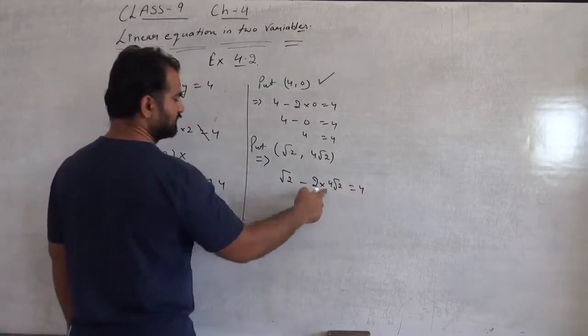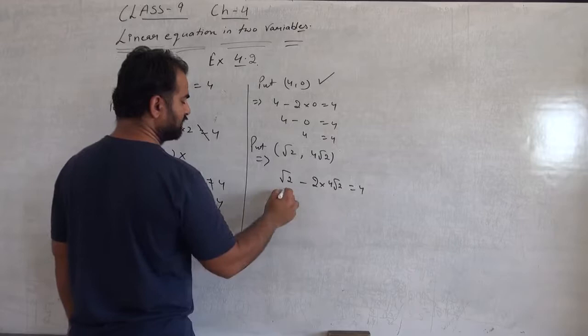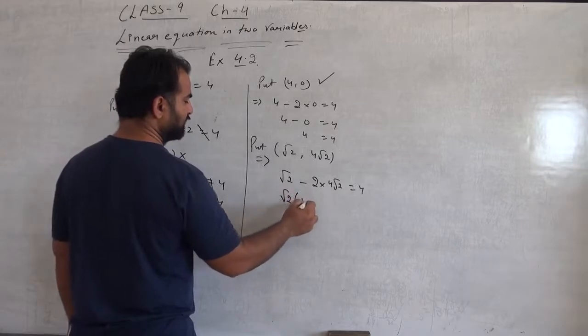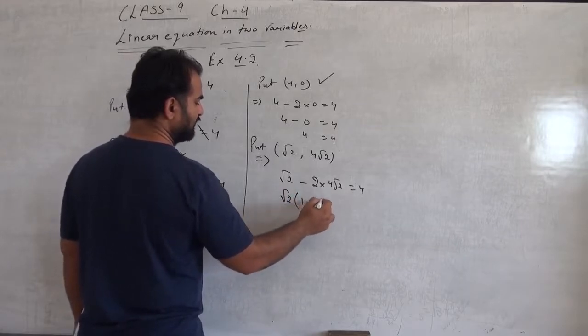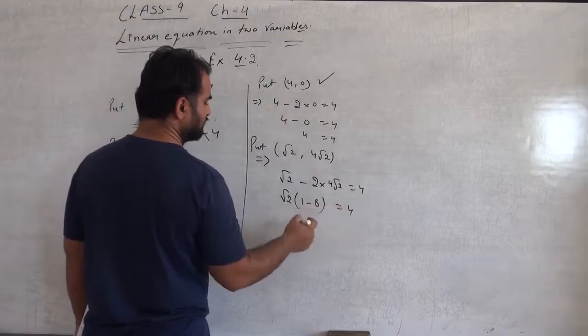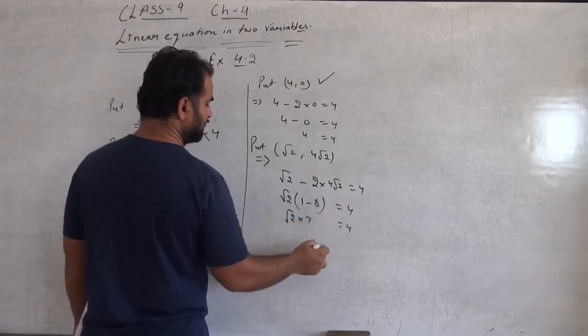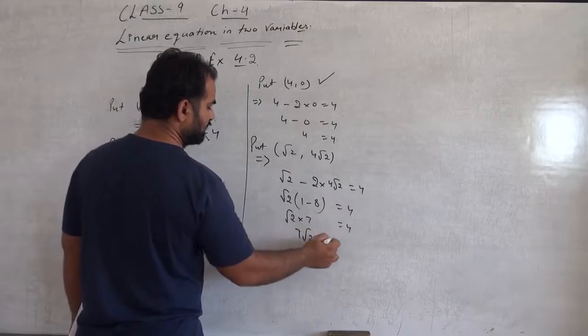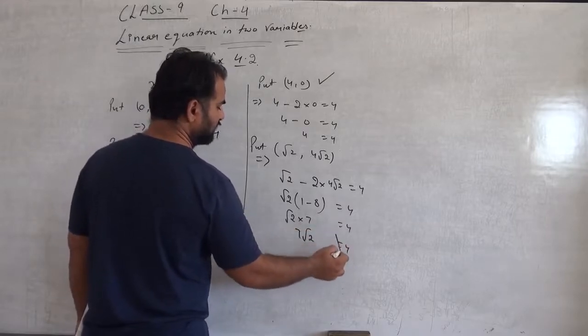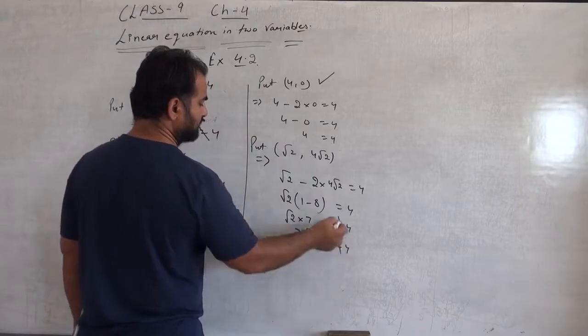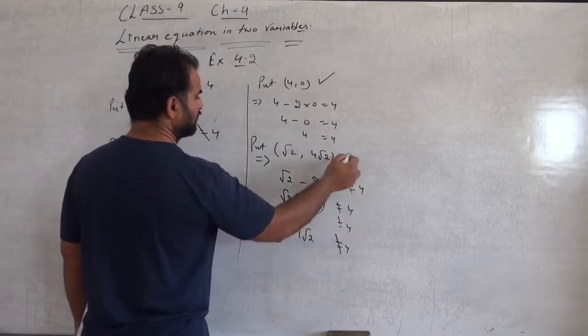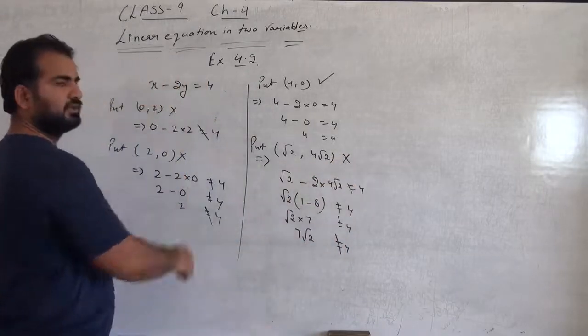So what we have to do is we can take root 2 common. Root 2 is common, it will be 1 minus 8 equals to 4. So it will be root 2 into 7 equals to 4. It will be 7 root 2 equals to 4, which are not equal to each other. Okay. So this is also not a solution of the given equation.